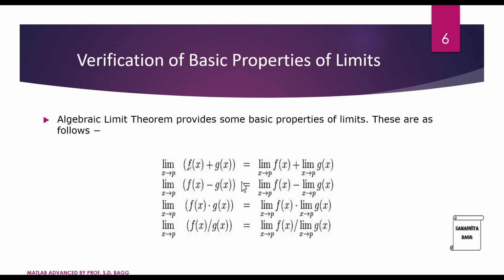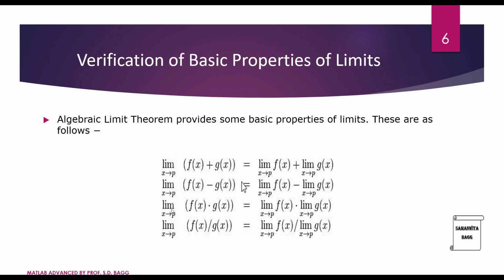When I have to give this limit to both of these functions, I can separately write them and the addition sign can be put in between. So it is limit x tends to p f(x) plus limit x tends to p g(x). The next one is limit x tends to p f(x) minus g(x). Again, if I have to segregate these two, it will be limit x tends to p f(x) minus limit x tends to p g(x).